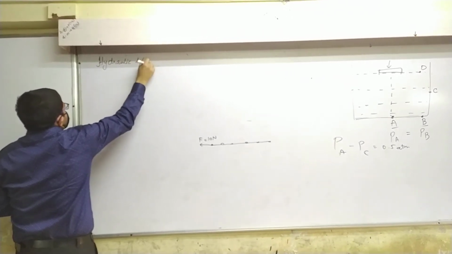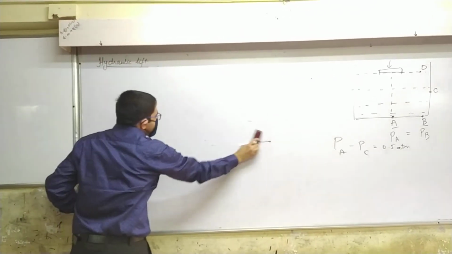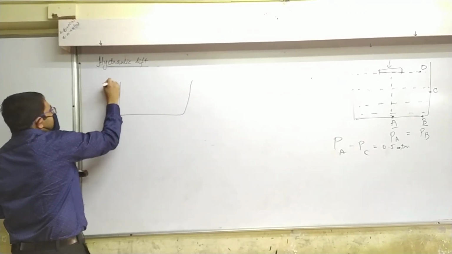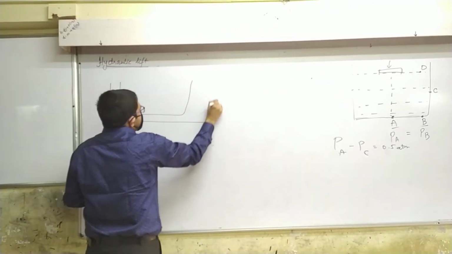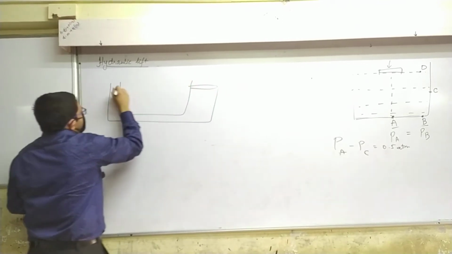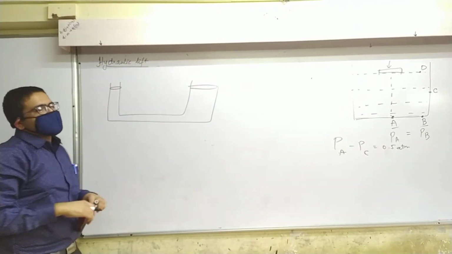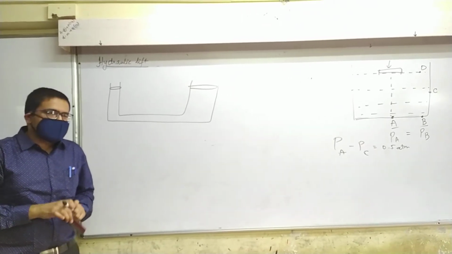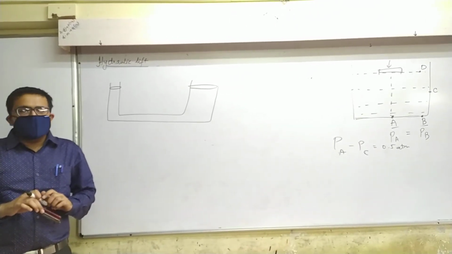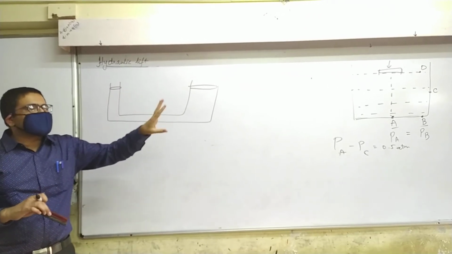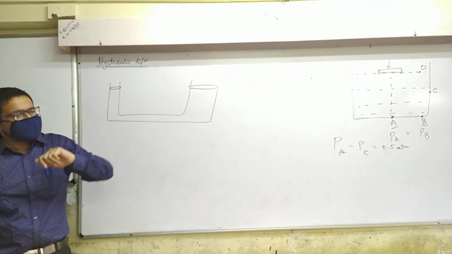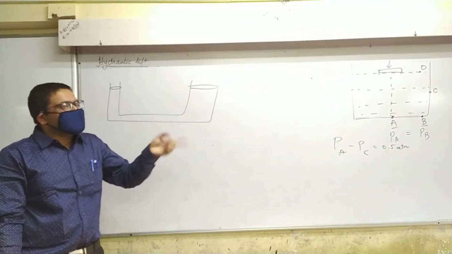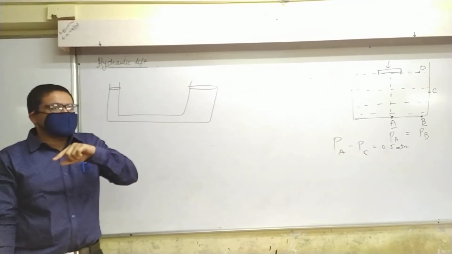Hydraulic lift. Very easy topic. So first of all, we need to understand what is a piston. Do you know what's a piston? I didn't ask you what's the use of a piston. I asked you what is a piston.